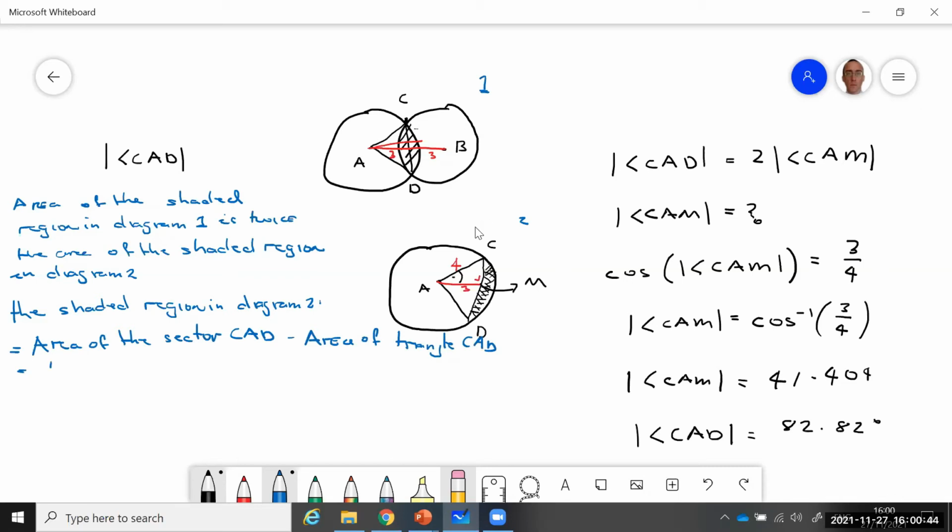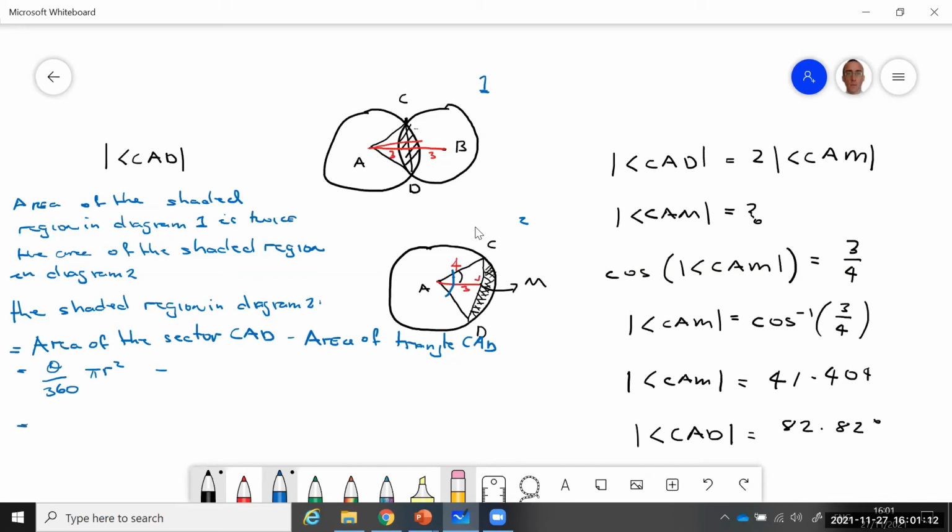Okay, so what's the area of the sector? Well, in general, the area of the sector is the angle over 360, so whatever fraction of the overall circle that is, multiplied by pi r squared, being the entire area of the entire circle, and subtract the area of the triangle. So let's do this part first.